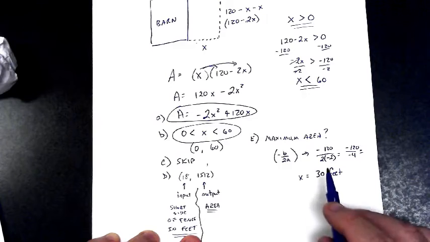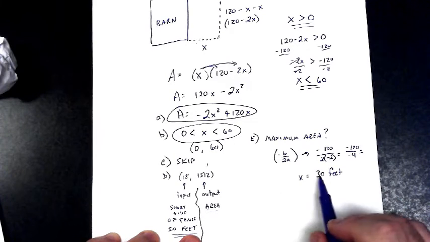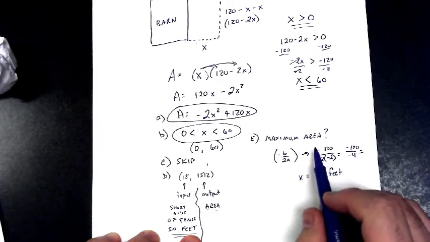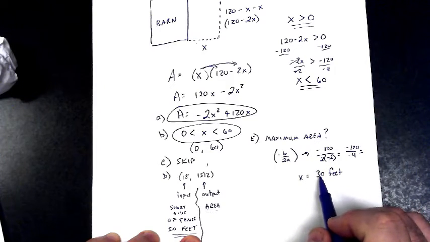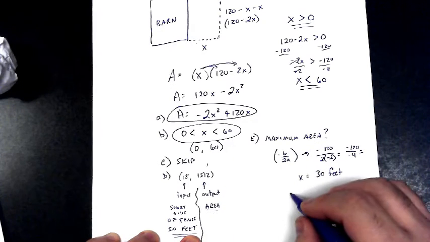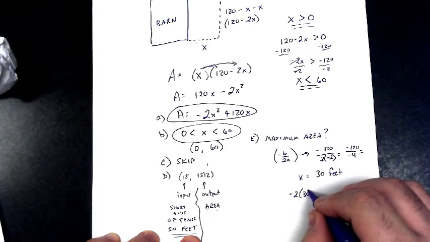But remember, they didn't ask for what x was, they want to know what the maximum area was, so you will have to take this 30 and plug it in to your function.